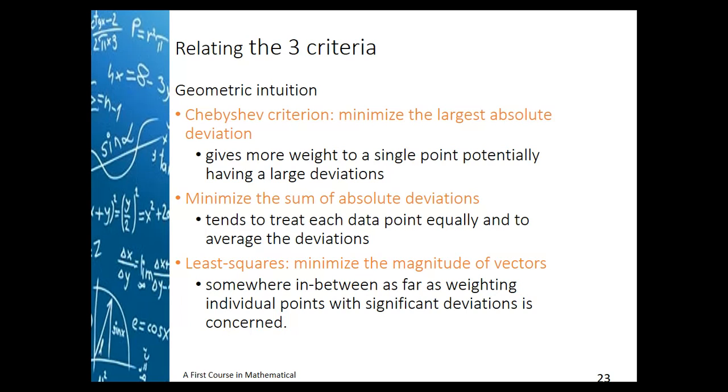A single point gets more weight, potentially having a large deviation. Remember back your situation. Then the second criterion treats each point equally and averages the deviations, but unfortunately, it has a problem of non-continuity.